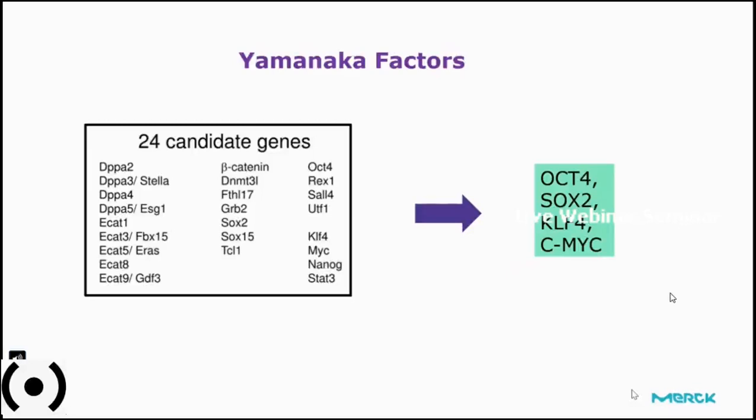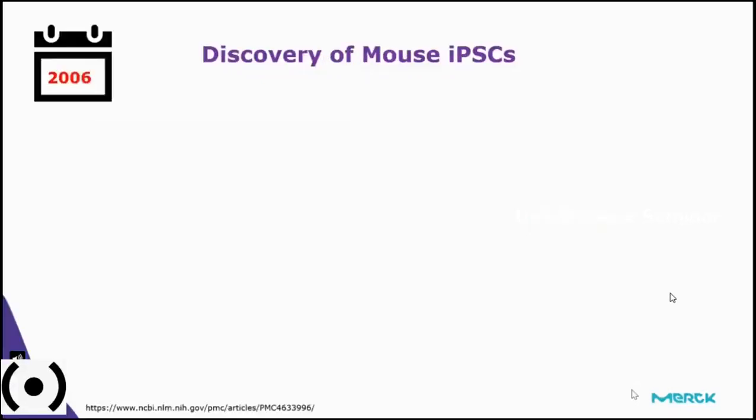These are 4 transcription factors, and those are known as Yamanaka factors after this discovery, right? So the first time in 2006, Yamanaka discovered that normal mouse skin cells can be converted into induced pluripotent cells by just delivering these 4 factors.